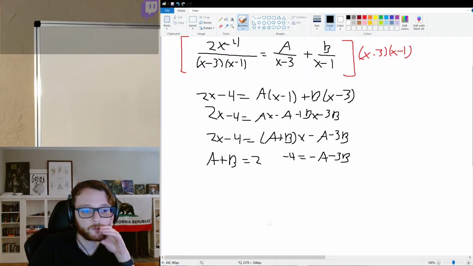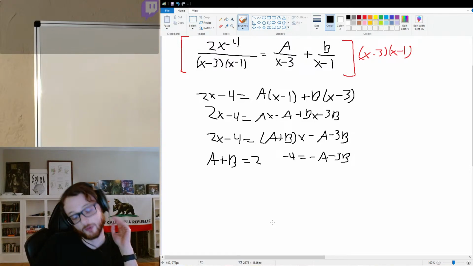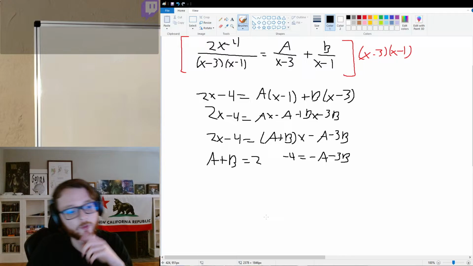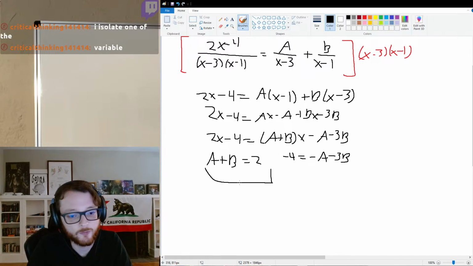And if I get critical, when you have a system of equations like this, do you do substitution or do you add the equations together? Or both? You isolate? Okay, we can do that. Let's take this equation and subtract the B over.